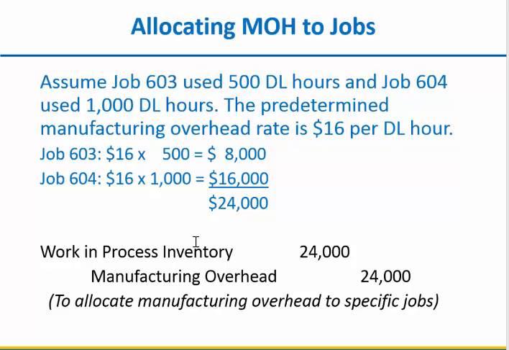So I hope you can imagine that I have one pool, and in one way I'm going to dump a lot of indirect labor, indirect materials, and other manufacturing overhead costs, including depreciation, property taxes, whatever, into that big pool.